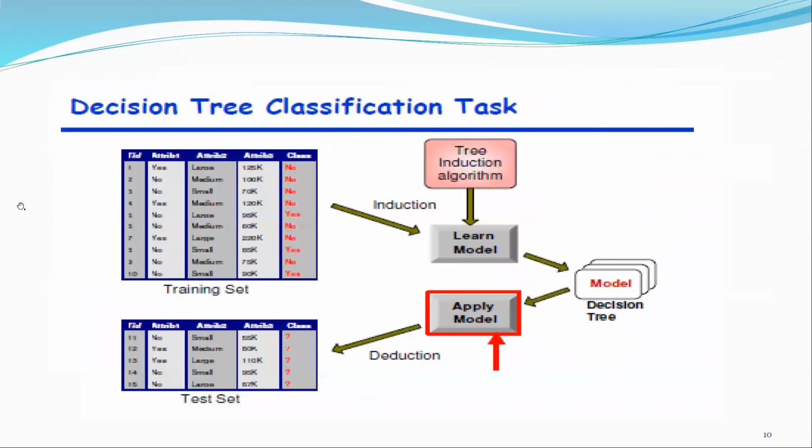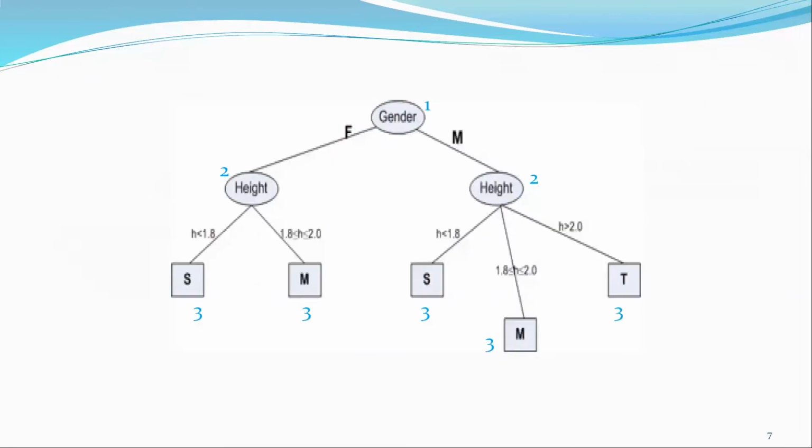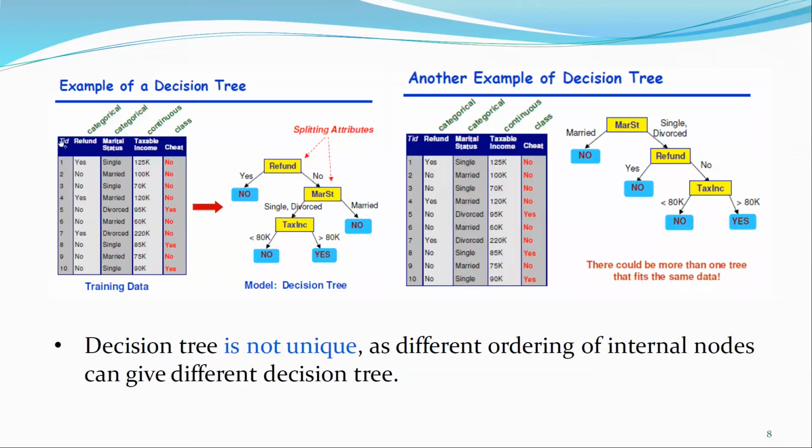Let's consider another example to understand this as well. Here we have 3 attributes: refund, marital status, and taxable income, and 2 classes: cheated or not cheated. The first decision tree model takes refund as the root node and builds the tree accordingly, but the second model takes marital status as the root node.